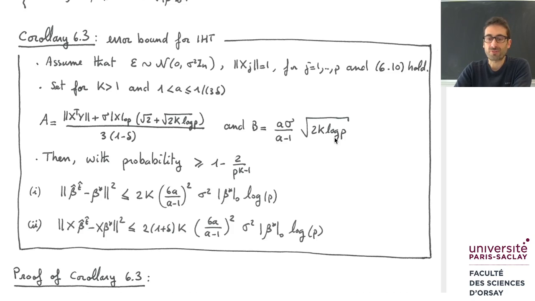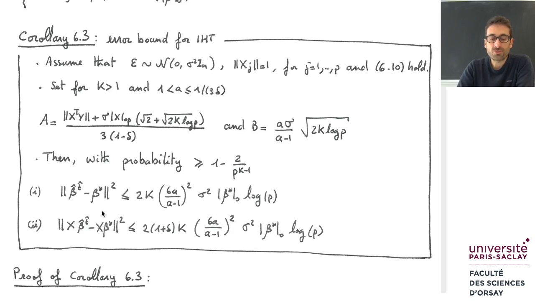And for this choice, what we will prove in the proof of this corollary is that with large probability, at least as large as this, we have that the reconstruction error is smaller than some constant times sigma squared times the number of non-zero coefficients times log p. So here I look at the norm squared, so this is why I don't have any square root anymore. And this is exactly the minimax rate that we recover here.